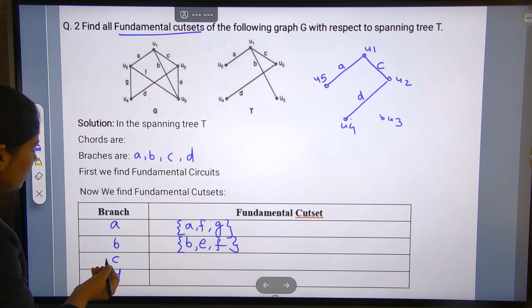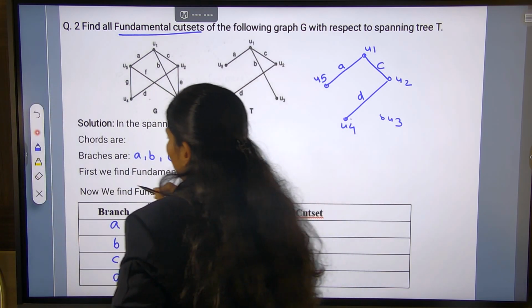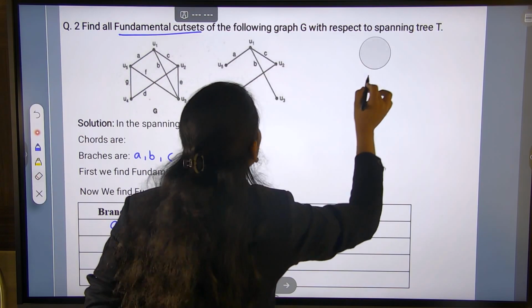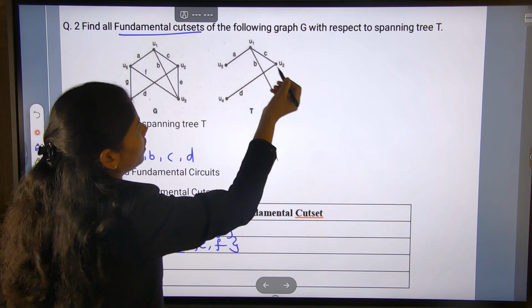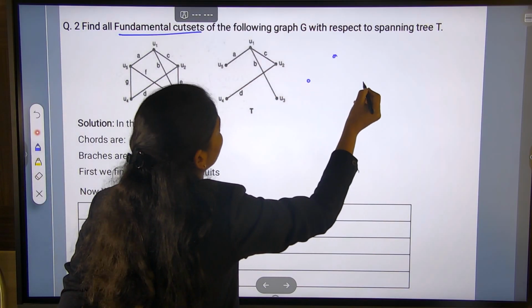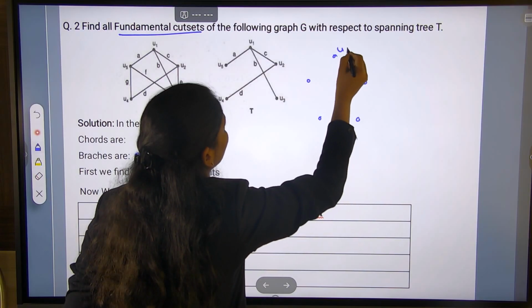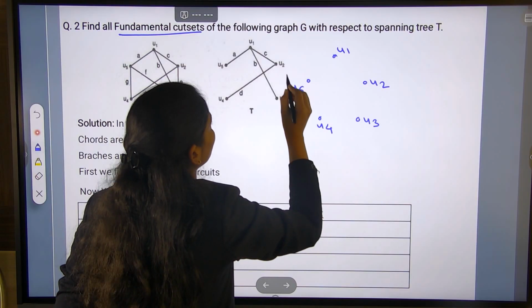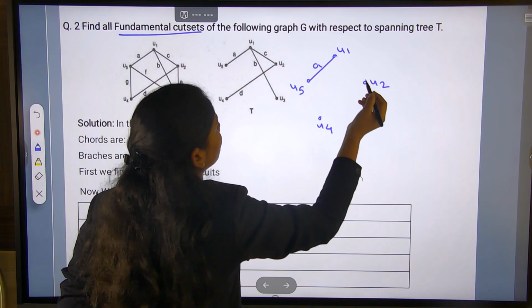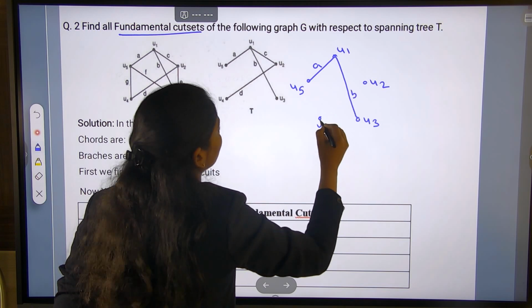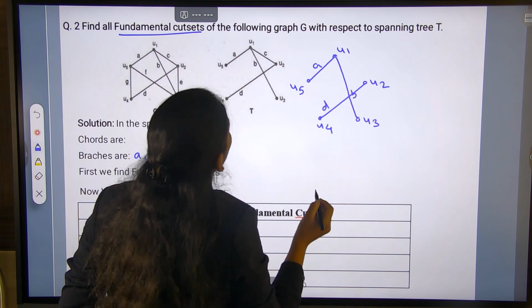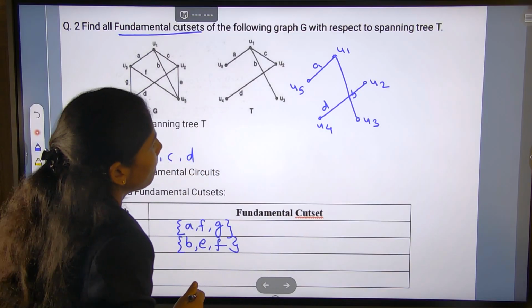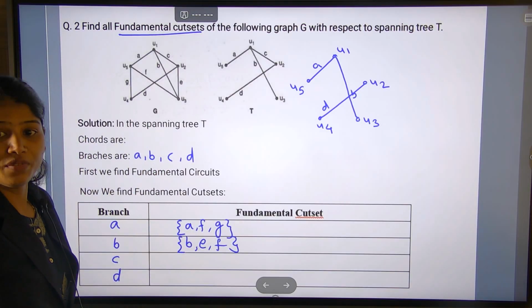Okay. Next, for C, remove it. We have U1, U2, U3, U4, U5, A, B, D. So here we get two components.